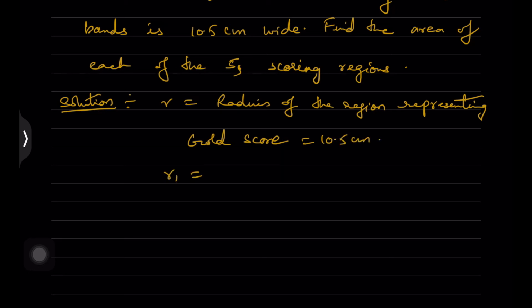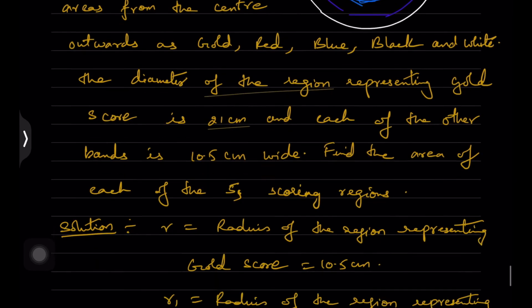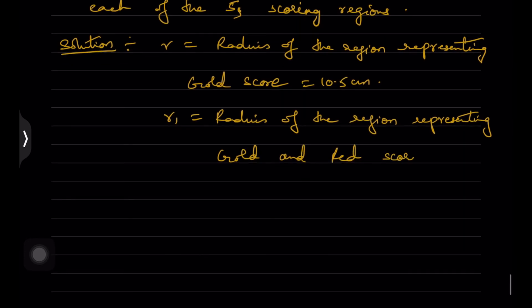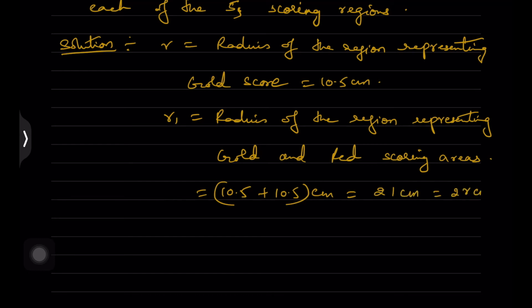Now R1 is equal to the radius of the region representing gold and red scoring areas, which is equal to 10.5 plus 10.5, which is equal to 21 centimeters, which is equal to 2r centimeters.